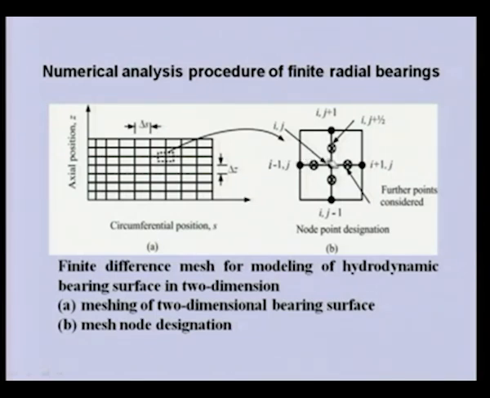So we will be predicting the nodal pressure here with the help of these neighboring nodes, and if we require further points, we can consider in between, and for that case the node description will be like this.